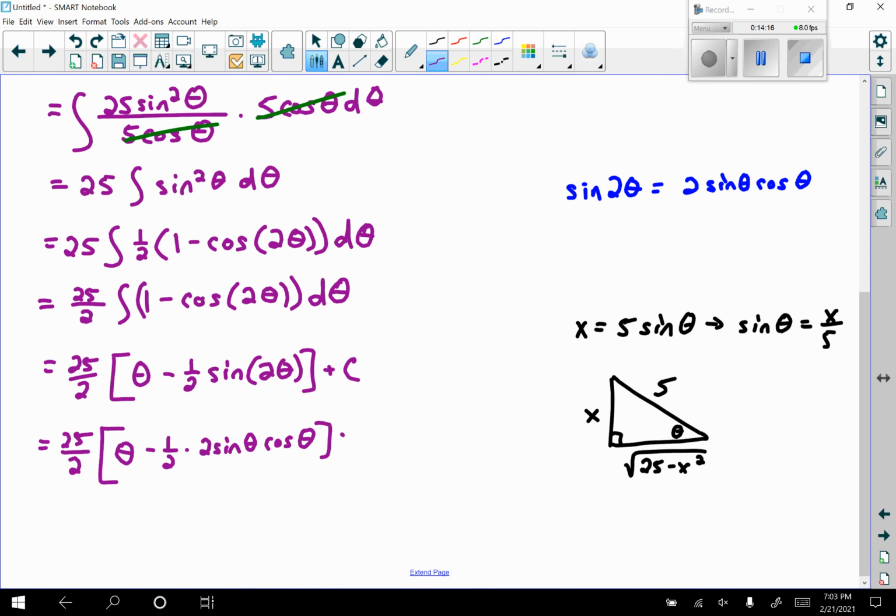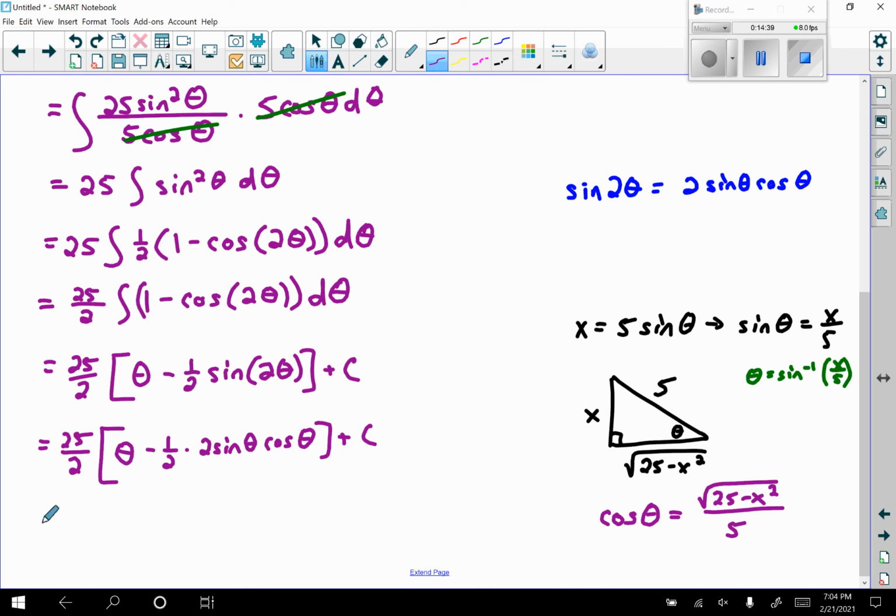So that means now I need to represent cosine theta off to the side. So cosine is adjacent over hypotenuse, so that's the square root of 25 minus x squared all over 5. I also need to represent theta, so if sine theta is equal to x over 5, then theta is equal to the inverse sine of x over 5, or arc sine of x over 5.